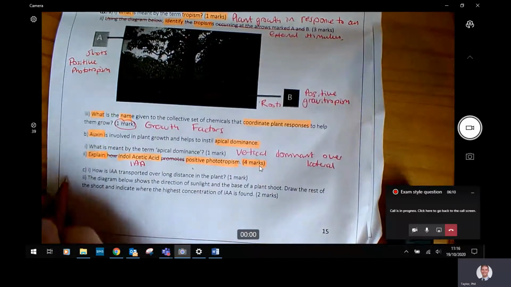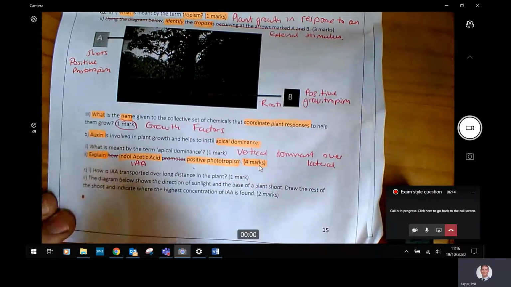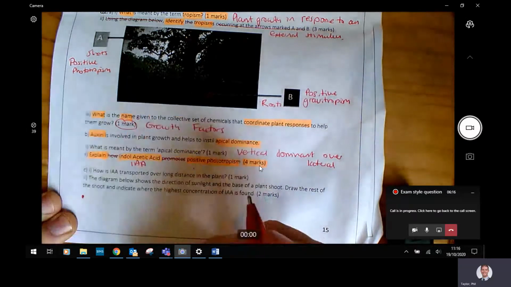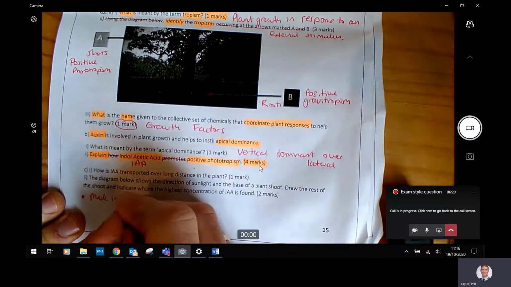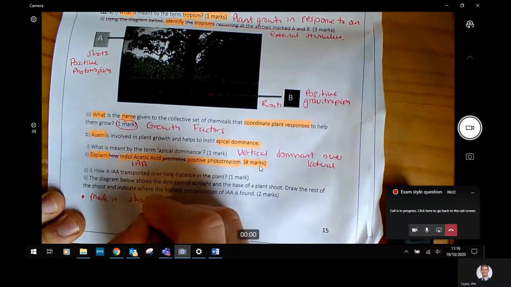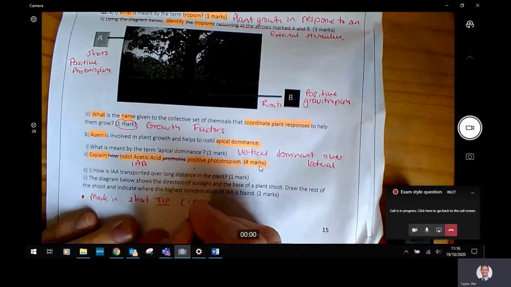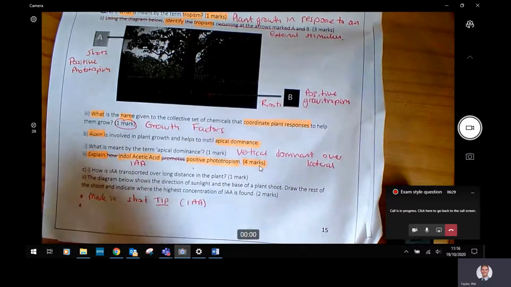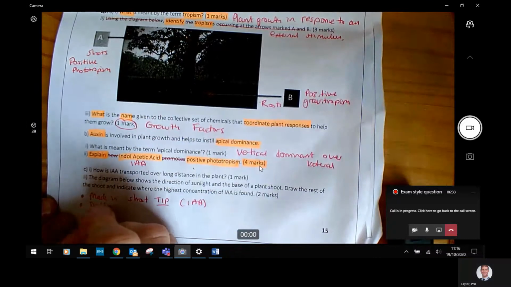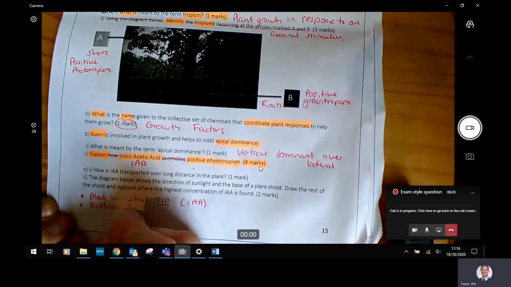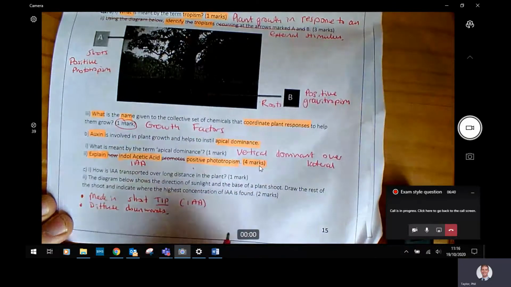So I'm going to take that question down to here and just bullet point. The first bullet point, where are they made? So start from the beginning. Made in shoot tip. IAA is made in the shoot tip. What happens next? They diffuse down. They travel in the phloem downwards.